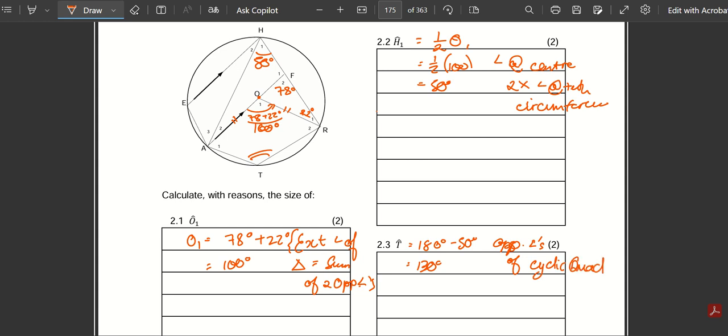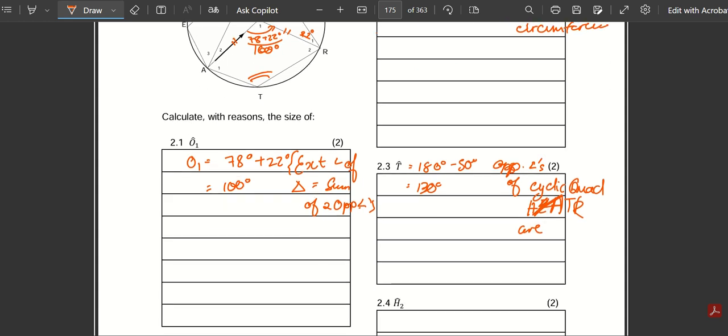And the cyclic quad is HEATR. No, it's actually HATR, cyclic quad, opposite angles of a cyclic quad are supplementary, meaning they add up to 180.